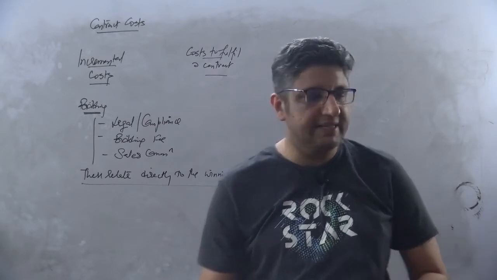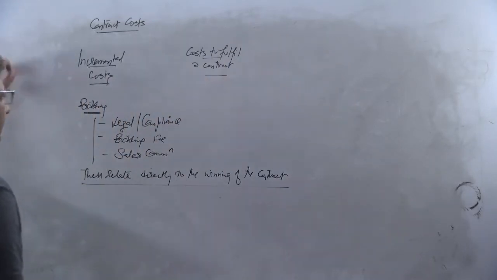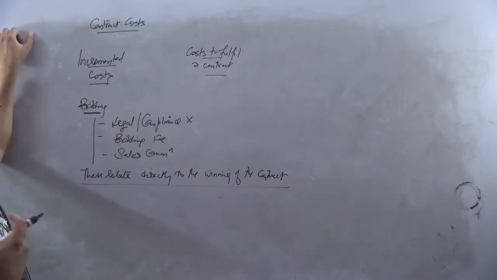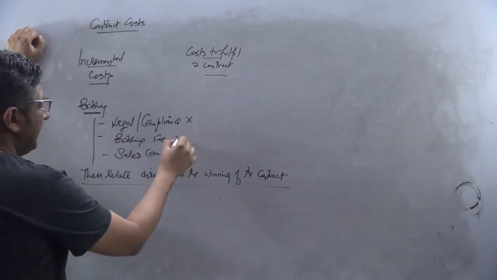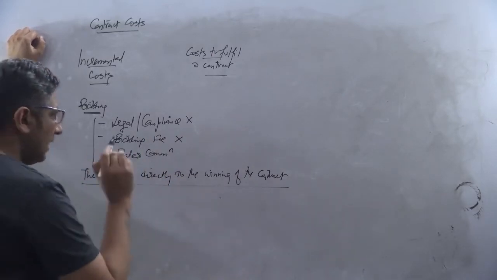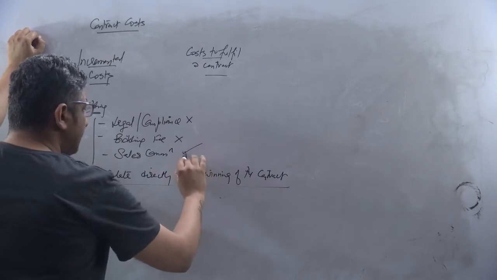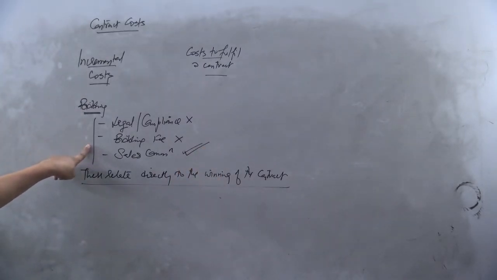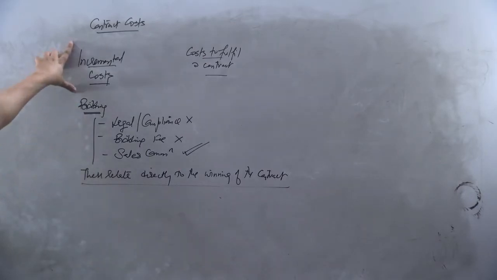So any legal or compliance costs you would necessarily incur even if you don't win the contract. Any bidding fee, you would necessarily incur even if you don't win the contract. However, you would only pay the sales commission if you have won the contract. That is where these incremental costs are identified.